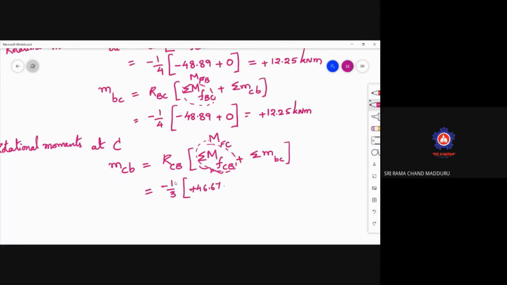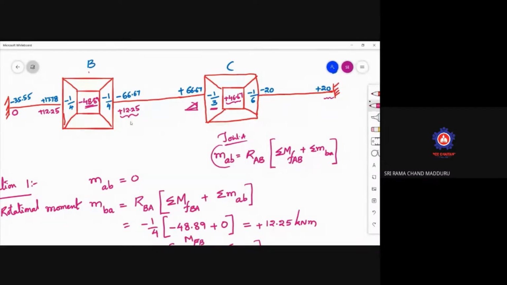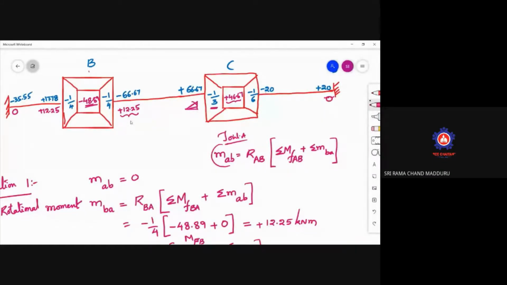Plus, now you have to write sigma MBC, the summation of the rotational moments at C. When we are writing the value here, the far ends are B as well as D. So plus 12.25, and here it is 0 only as it is fixed, so that's why this will become 0.